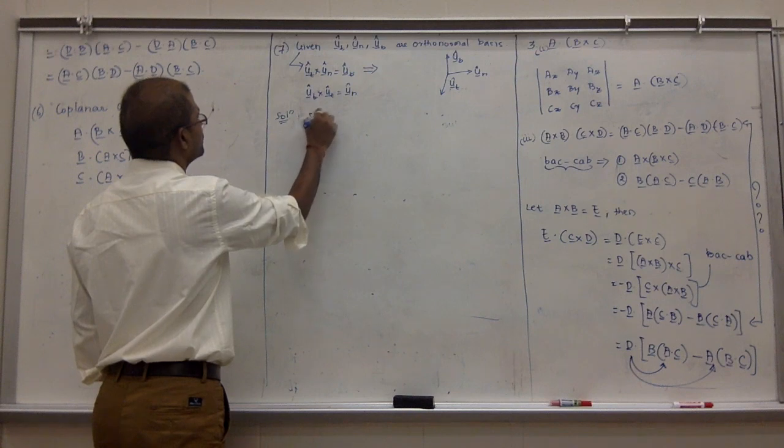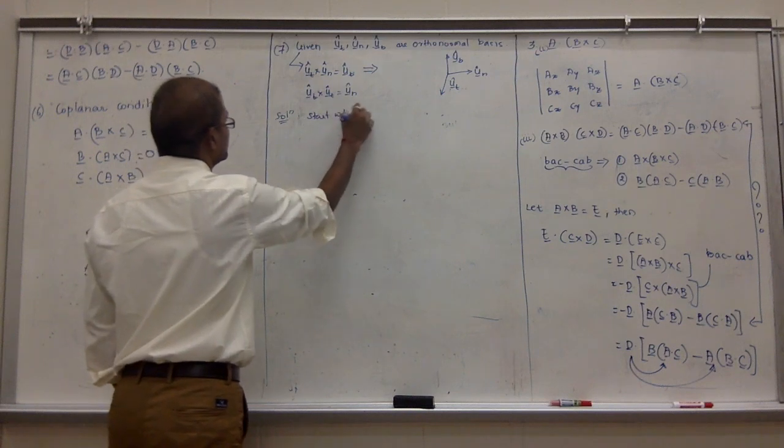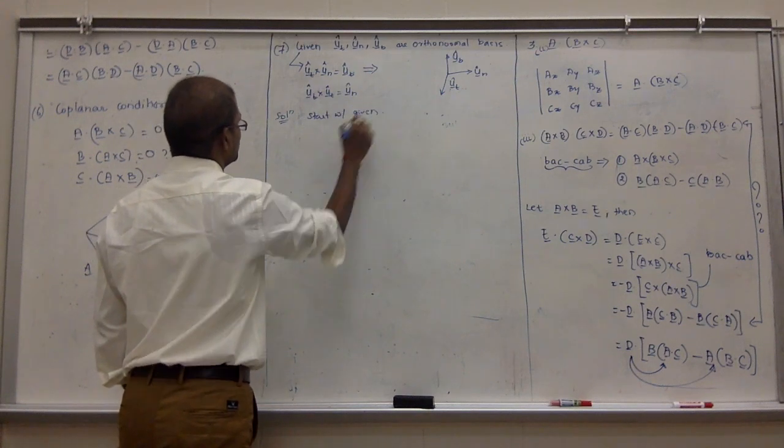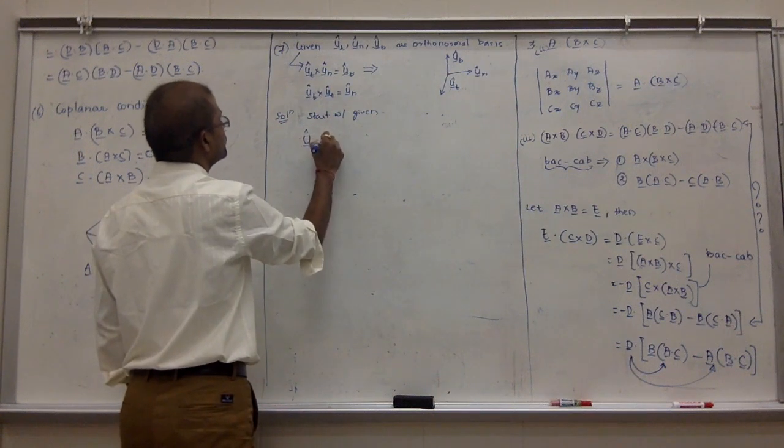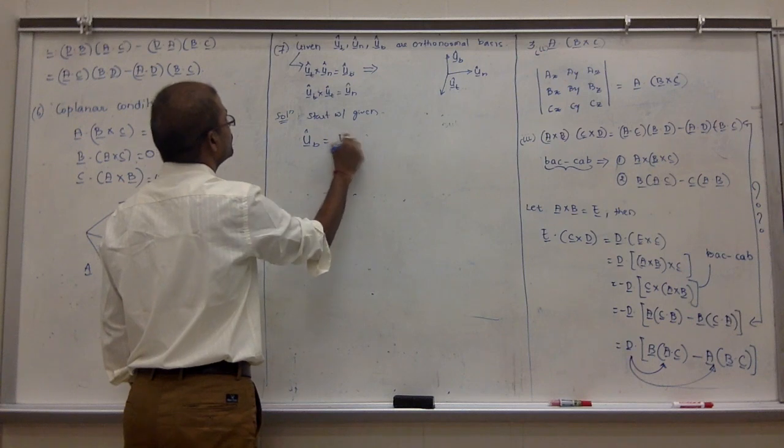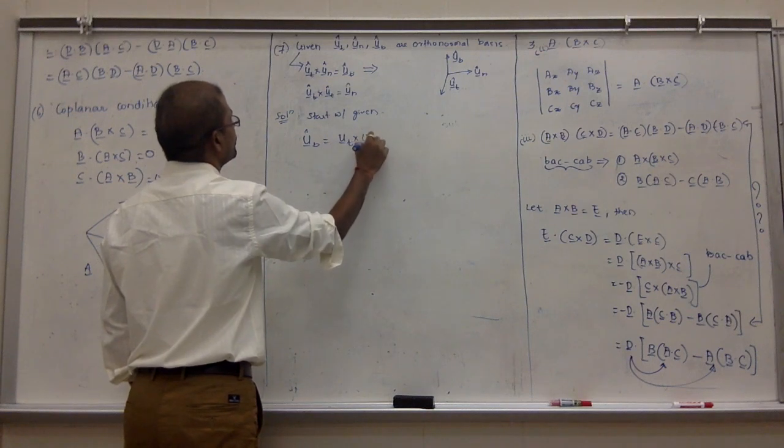So start with the given. I'm just going to change signs for the given. UB is equal to UT cross with UN.